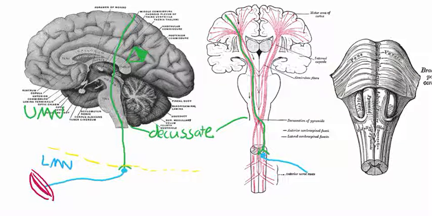And if you were to look at the front, so along this edge here, that's what you get on this far right picture. So they actually travel right through these parts here bilaterally. And evidently somebody decided that they look like pyramids, two little pyramids sticking out of the medulla. So that's why they're called the pyramidal nerve, or the pyramidal tract.